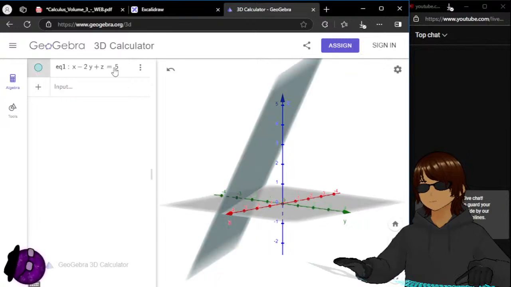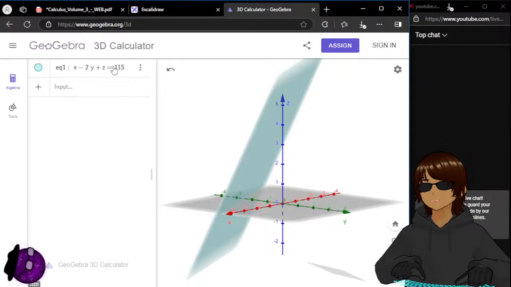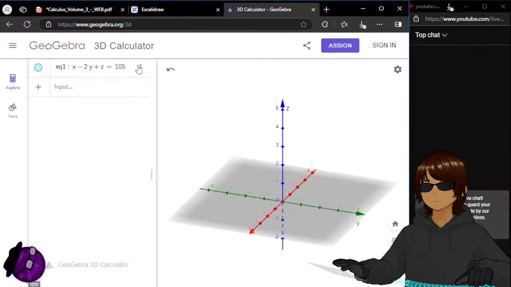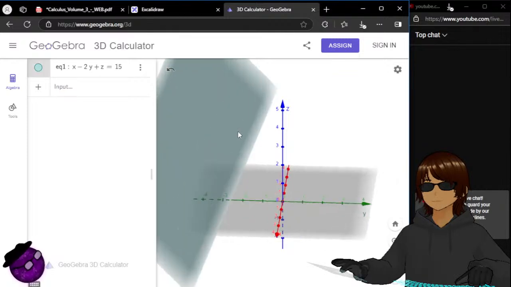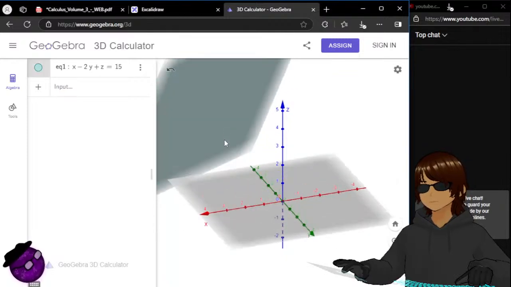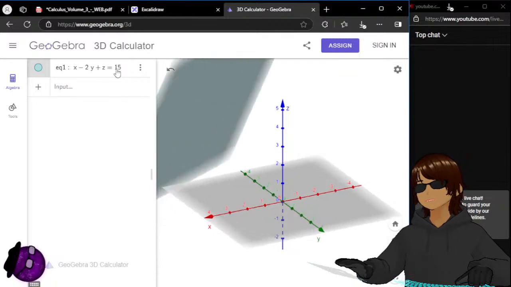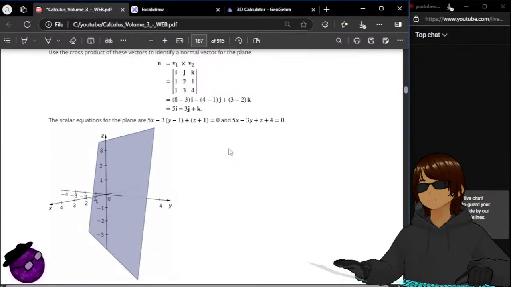But instead of 5, what if I type 15? Oh, I see. Or maybe not. Wait.